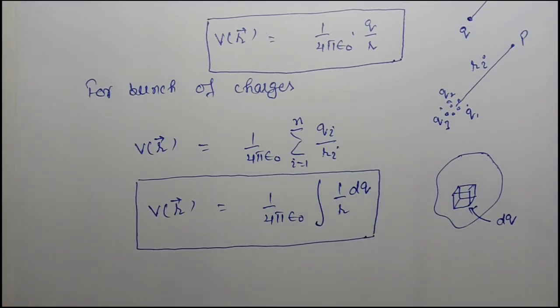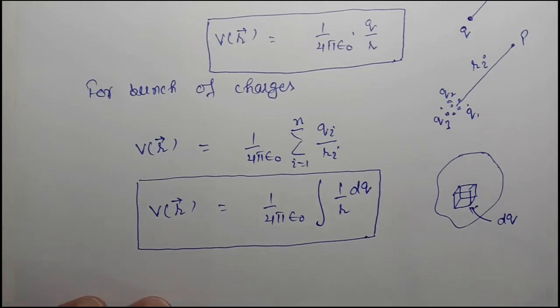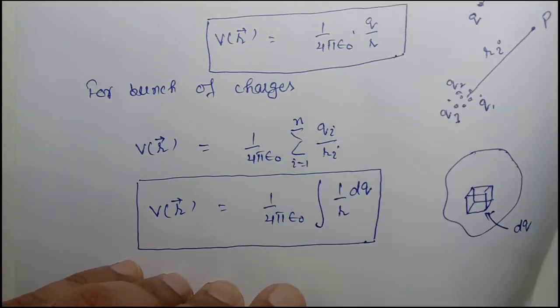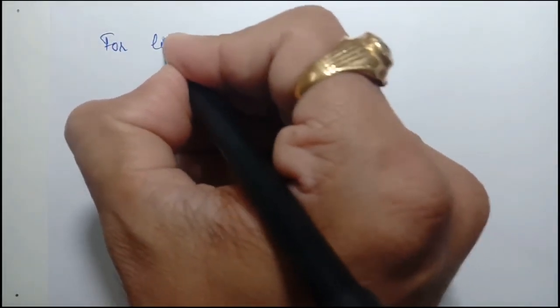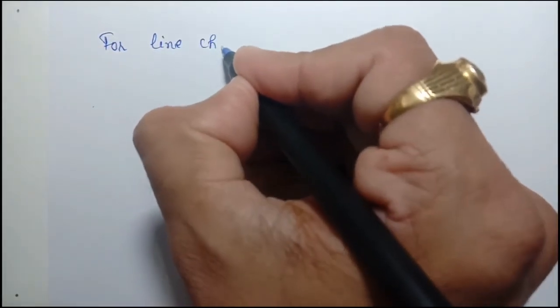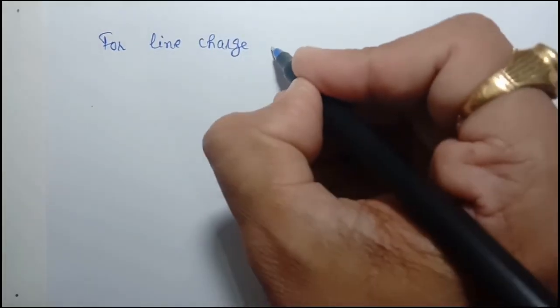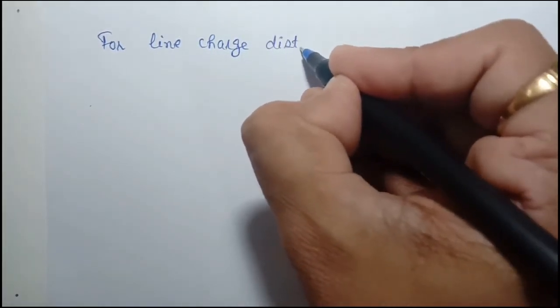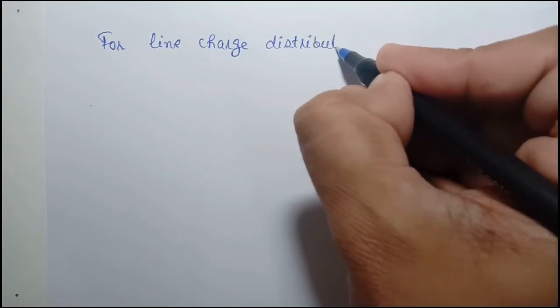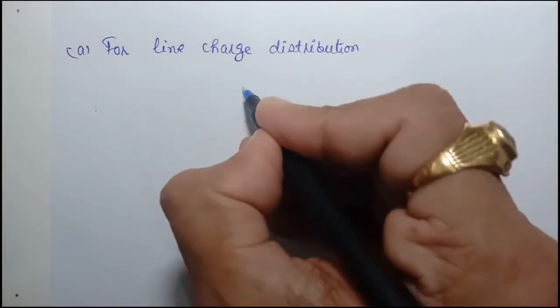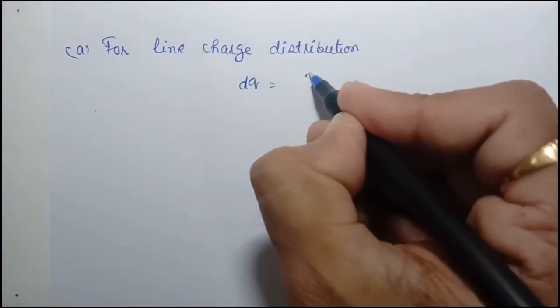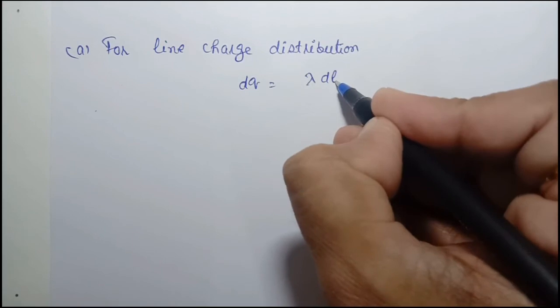Now here we have three special cases. That is, first, for line charge distribution, suppose here dq is equal to lambda dl.